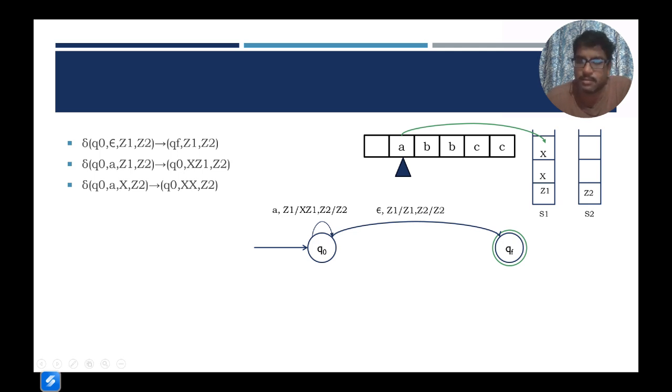Now the top of the stack is X. That means we are not changing the state, so we represent it as a self loop: a, Z1 comma XX, Z2 comma Z2. Now the head will move to the next position, that is, reading the B value.